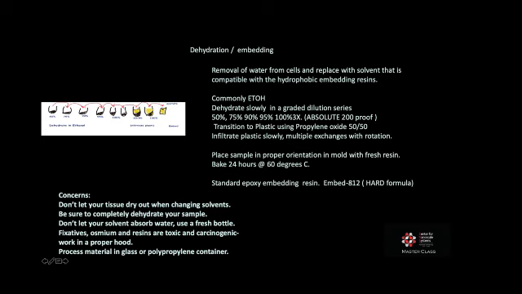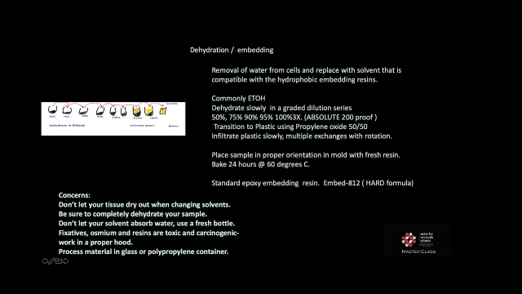All right, so then we're going to bake 24 hours, 60 degrees C in a dry, specifically designated oven. Water is our enemy here. We don't want any water around when we're in the 100% plastic. The standard epoxy embedding resin is Embed 812, formulated as the hard recipe.